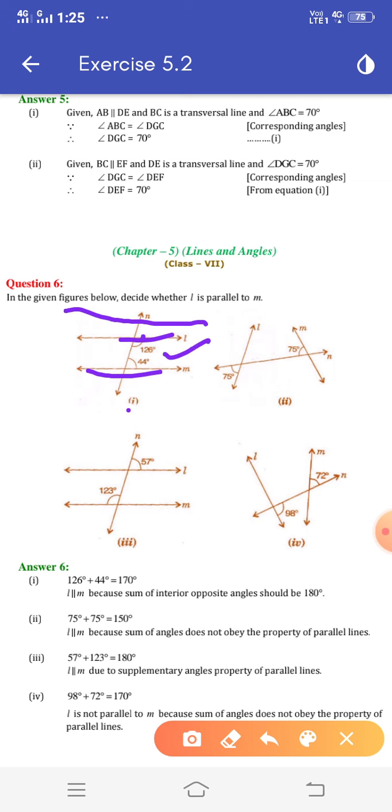When we add 126 and 144 degrees, the total should be 180 degrees, but we can see that the sum of these will be 170 degrees, so these are not parallel.